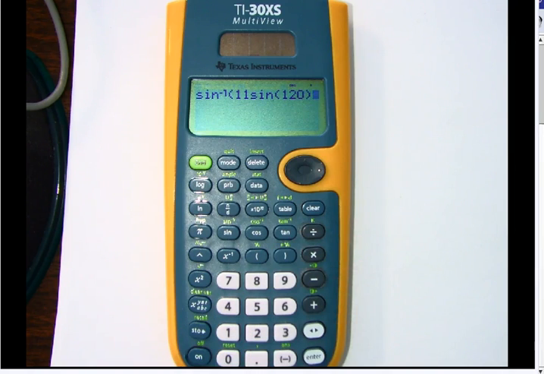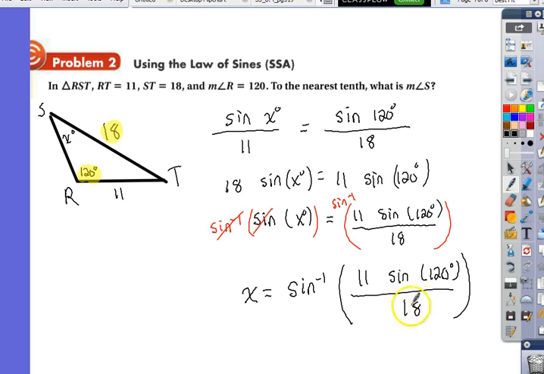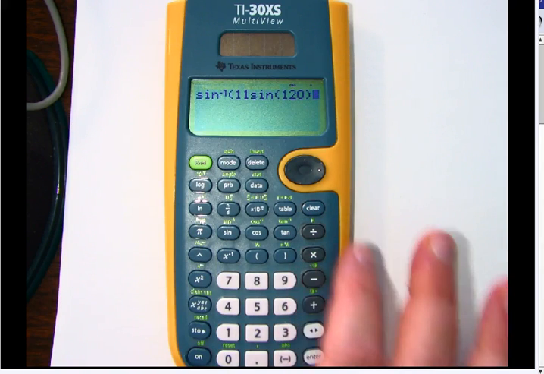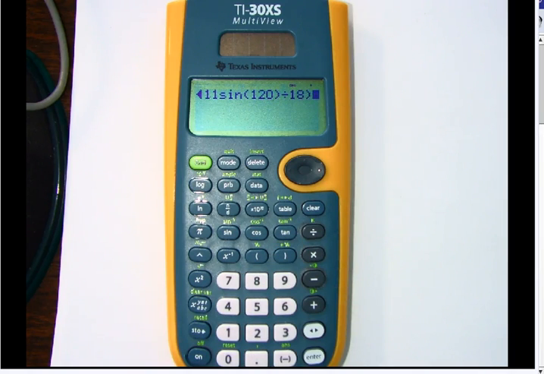I need to make sure I close up 120's parentheses. And then divided by 18. Then I'll close up the sine inverse's parenthesis. And when I hit enter, I get 31.9.